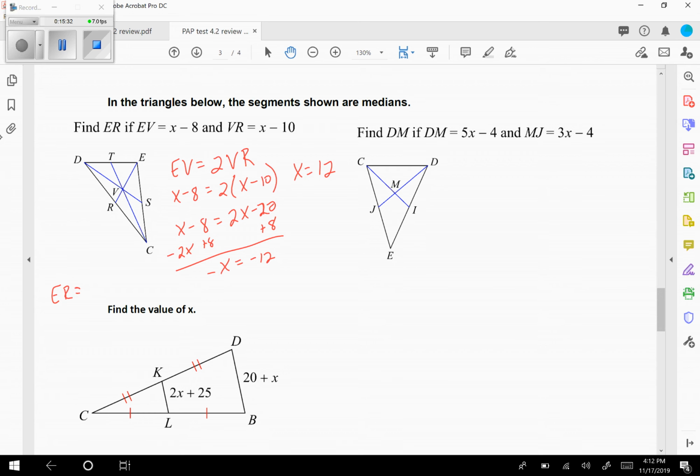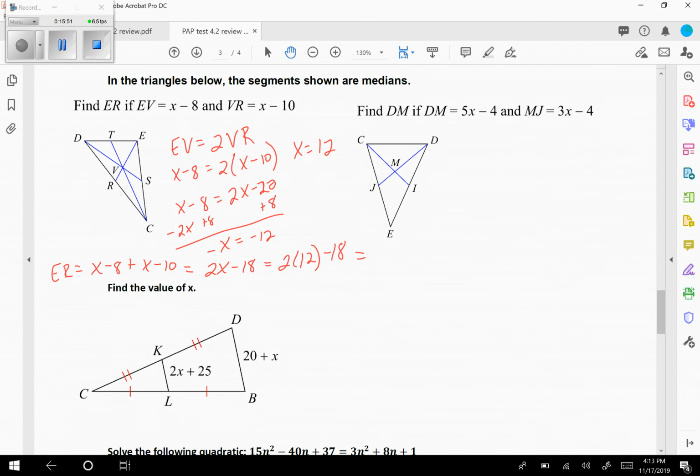So ER is equal to x minus 8 plus x minus 10. So it's 2x minus 18. So it's 2 times 12 minus 18. So what is 24 minus 18? Okay, so it's going to be 6. So ER is 6. All right, there we go.